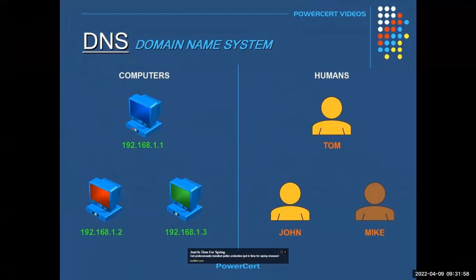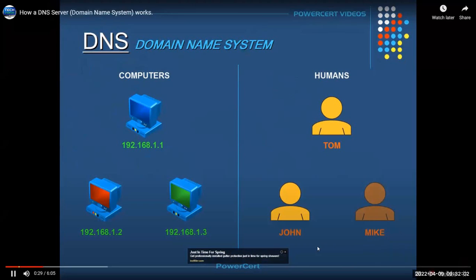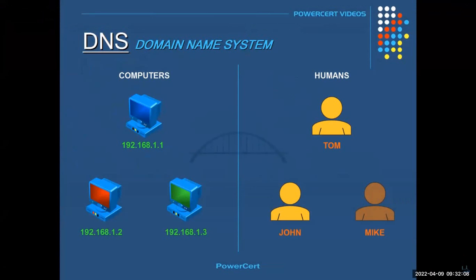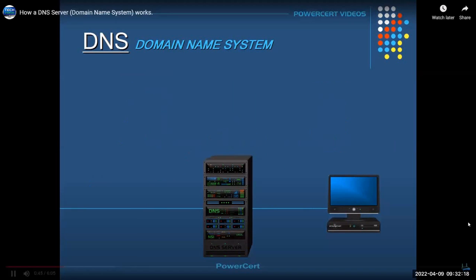Whether it's talking directly to another person or identifying a country, place, or thing, humans identify with names instead of numbers. So in order to bridge the communication gap between computers and humans and make the communication a lot easier, networking engineers developed DNS. And DNS stands for Domain Name System.